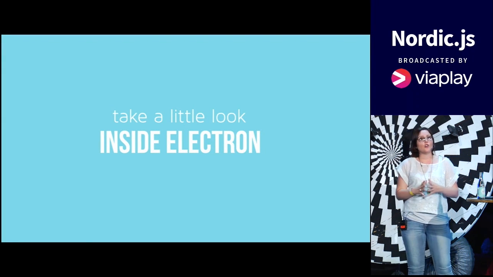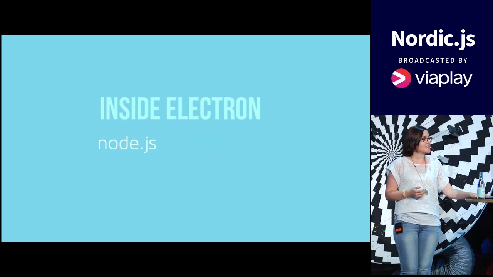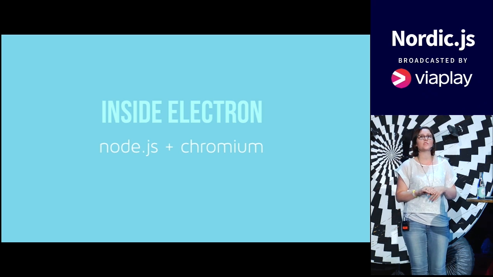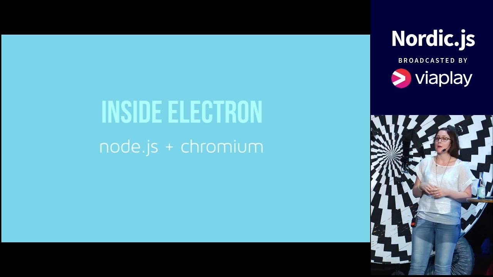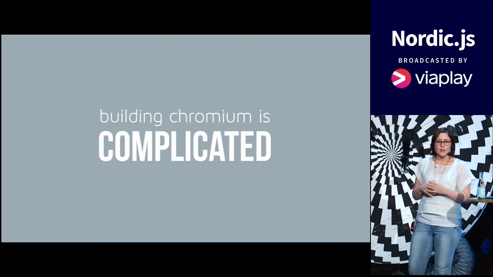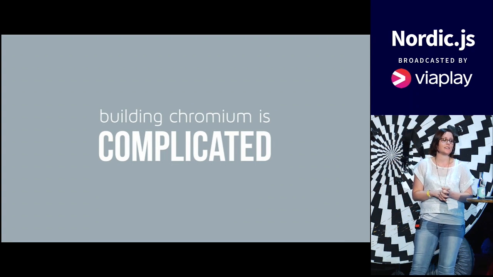So if we were to crack open an Electron app and take a little look behind the curtain, we'd see that it combines Node and Chromium. Now, Chromium is the open source web browser project that makes up a lot of the code that goes into Google Chrome. And if anyone's tried building Chromium from scratch, it's reasonably complicated.